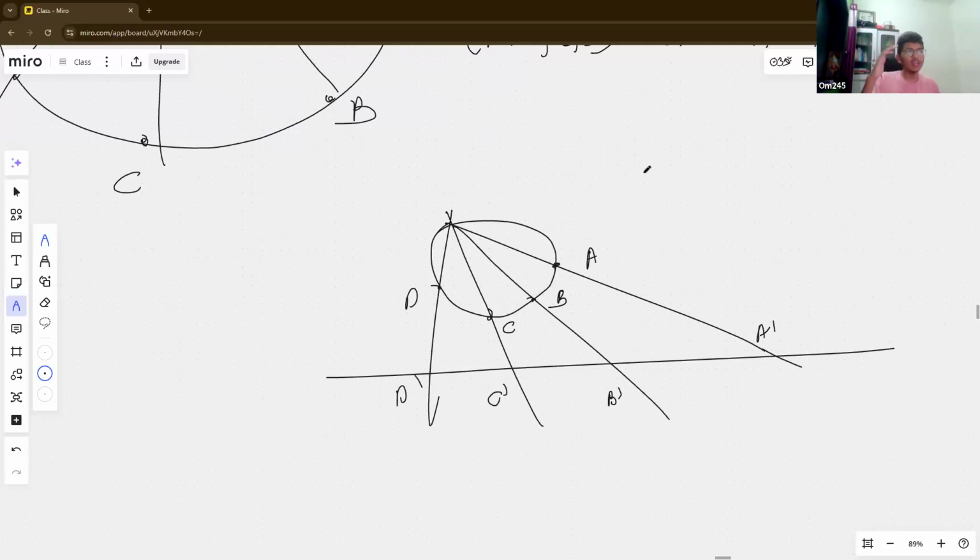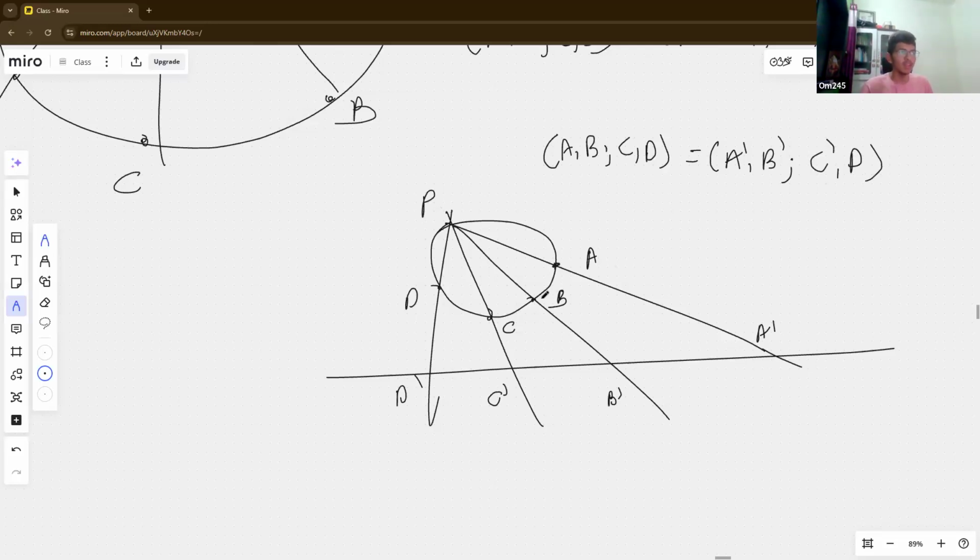Then you can transform the cross ratio (A, B, C, D) into (A dash, B dash, C dash, D dash), basically from P. This is true because of how cross ratio is defined.